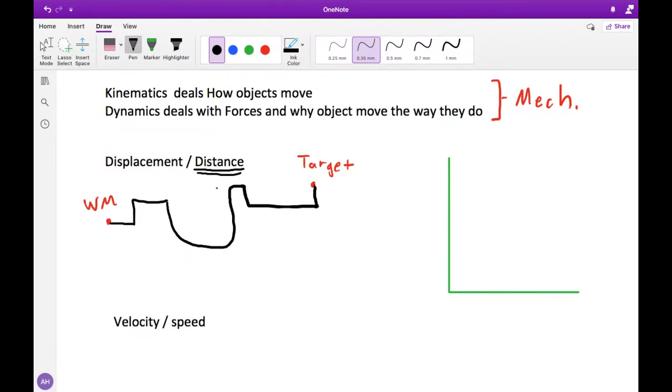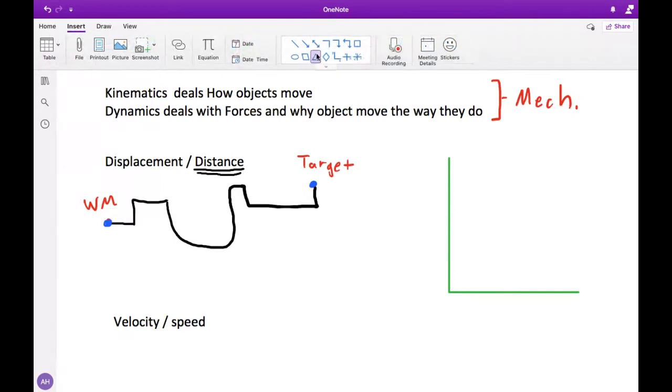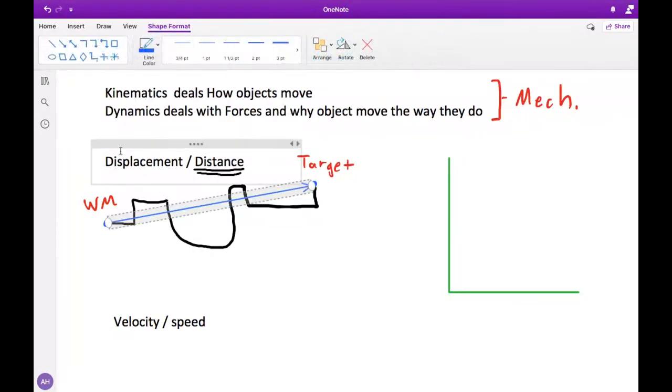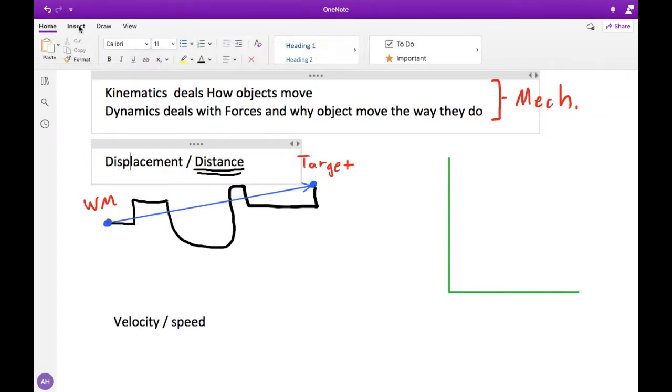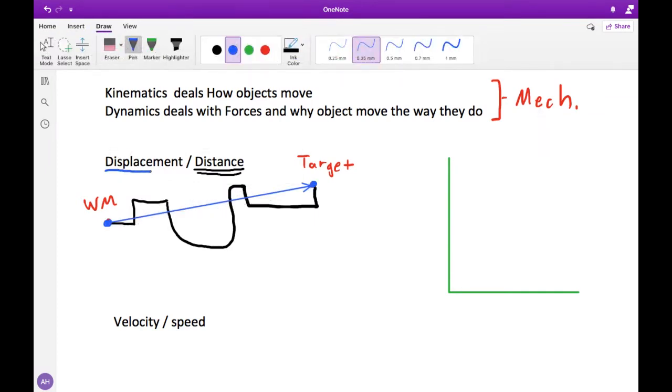Displacement differs in that it measures from Walmart directly to Target in a straight path. So from there to there would be how your displacement is represented. We can see your displacement is actually shorter than the distance traveled.